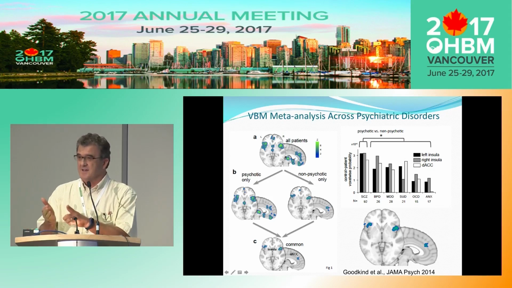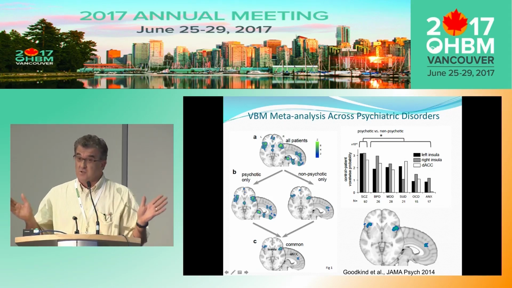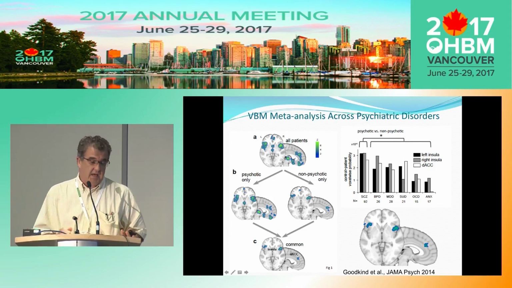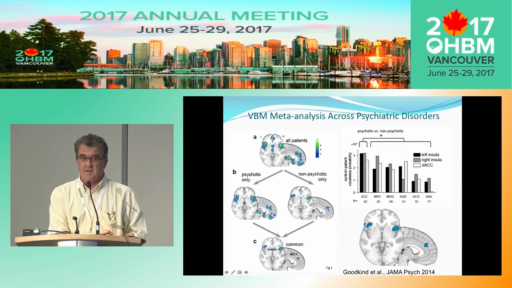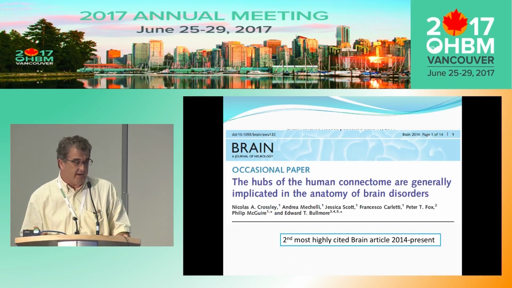So every data set is in a disorder, whereas this data set is across all disorders. So you can start drawing conclusions about transdiagnostic and diagnosis-specific effects and discriminating those. And it turns out that in psychiatric disorders, much of the pathology is transdiagnostic and not diagnosis-specific. So this is something, honestly, you can only do by meta-analysis.